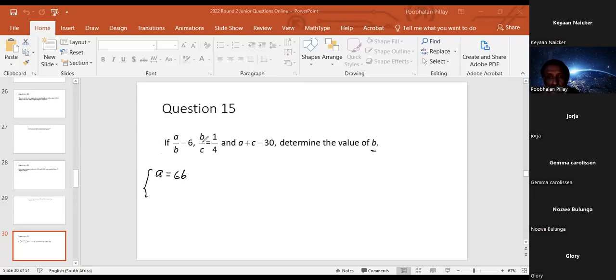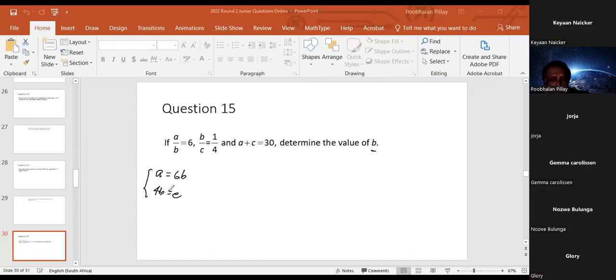So when you multiply by C here, you get 4B. If you multiply this by 4C, you get C. Or if you like, you can cross multiply: 4 times B is equal to 1 times C. Same thing. So now you've got two equations which are looking much more decent. And you've got A plus C is 30.